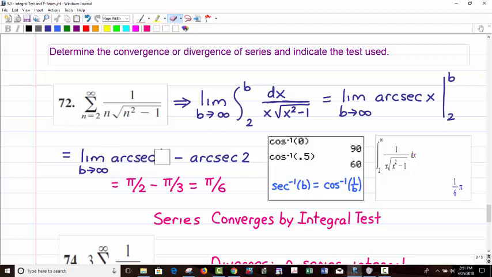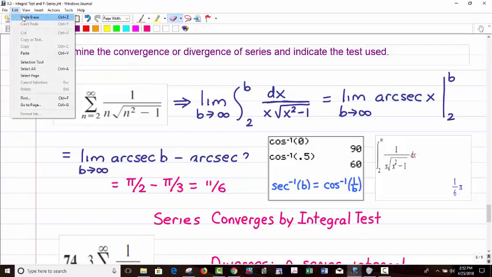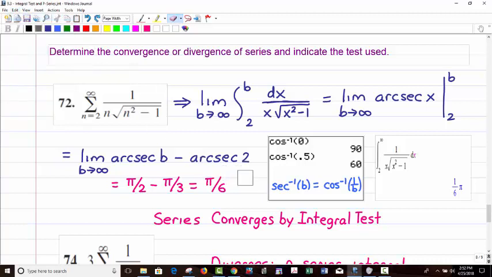It's arc cosine of 1 over whatever the value is. So basically, I'm evaluating 1 over b as b goes to infinity. 1 over infinity is basically 0, so that's why I have 0 right there. And then for arc secant of 2, 1 over 2 is 1/2, so I did arc cosine of 1/2.